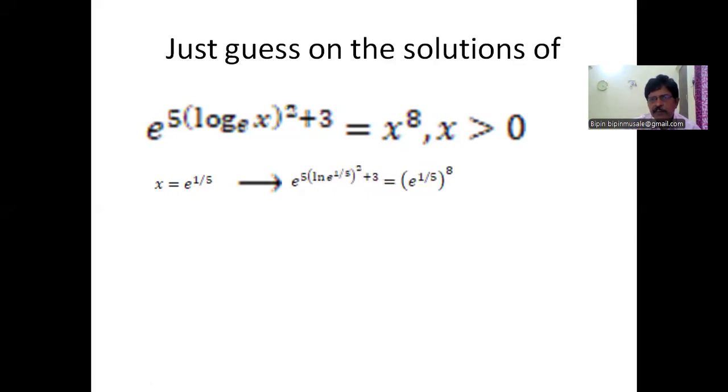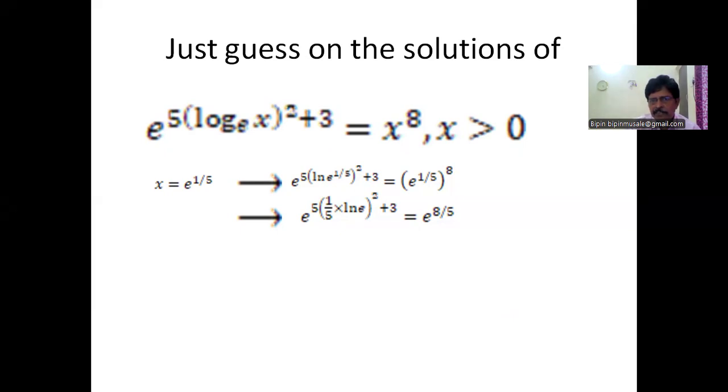Suppose. Now replace x by e raised to 1 upon 5 in the given equation. So what we get, the right hand side will be e raised to 8 upon 5, and the left hand side will come out to be e raised to 1 upon 5 into log of e, which is 1. So the left hand side will come out to be e raised to 16 upon 5, that is 1 upon 5 plus 3. 1 upon 5 plus 3 is 16 upon 5.